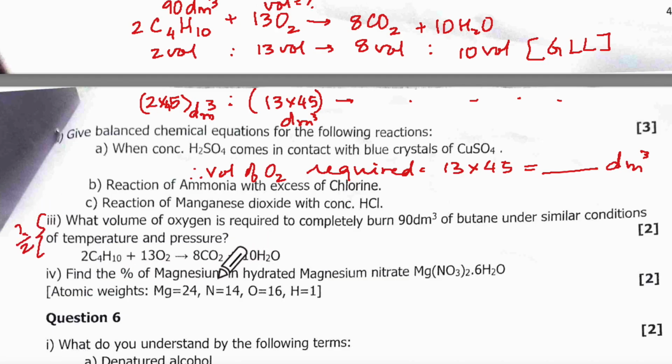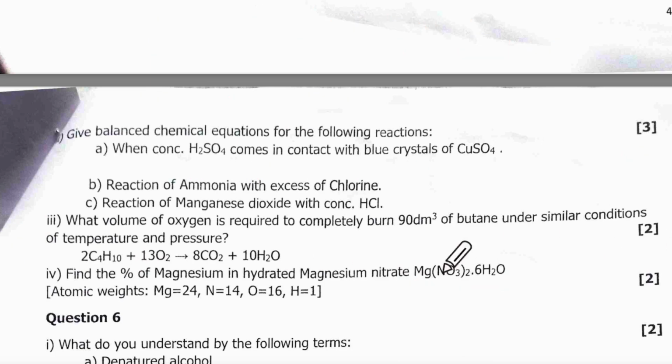Okay, find the percentage of magnesium in hydrated magnesium nitrate. So you have to find the GMM of this and find the percentage of this. Now I know that this is an easy question, but sometimes children do get a little worried.